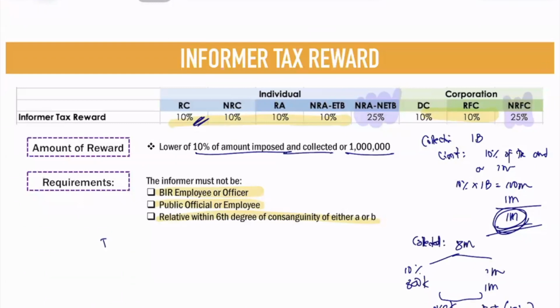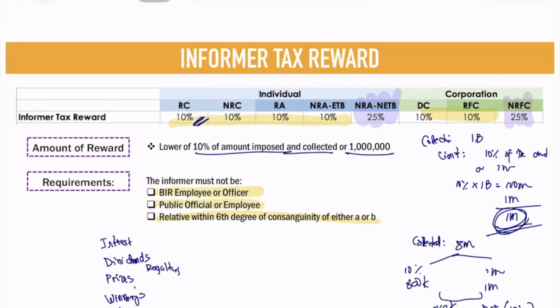So, take note of the items subject to final tax. We have your interest. We have your dividends. We have your prizes. We have your winnings. And lastly, your informer tax rewards. We also have your royalties, by the way. Okay.